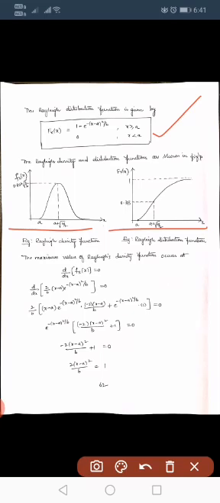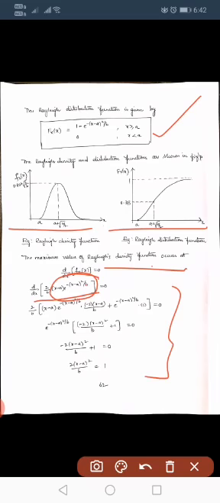Here let us find the maximum value of the Rayleigh density function. We find the maximum value by differentiating the density function and equating it to 0. Substitute the density function here and apply the derivative. 2 by b is a constant, write it outside, and apply the derivative to the entire remaining term.